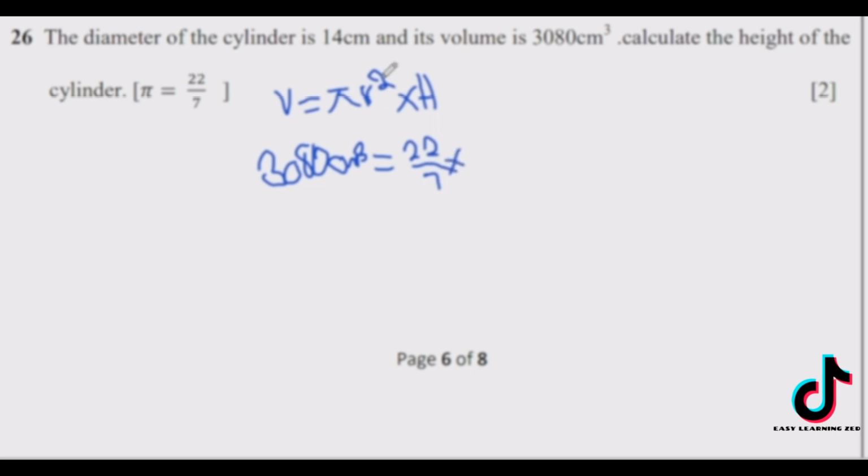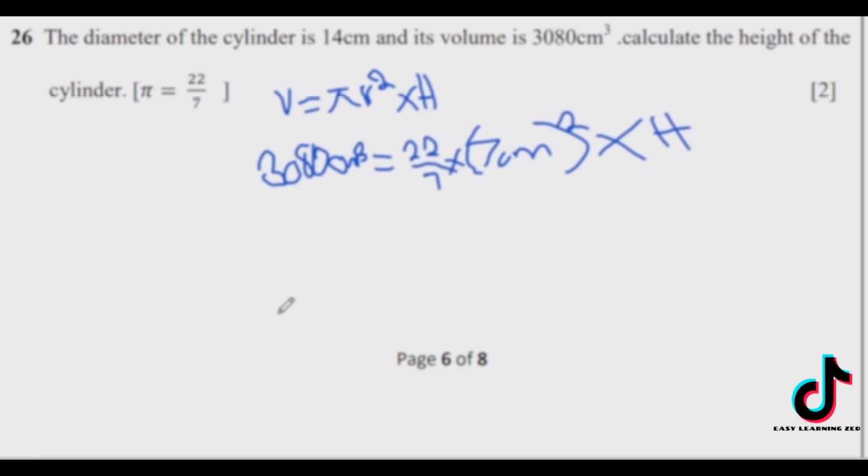The radius we are not given; instead we are given the diameter, which is 14. So to find the radius, we divide 14 by 2, which will give us 7 centimeters. Then squared, then times h.